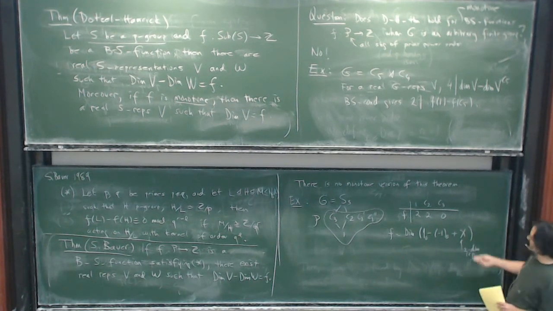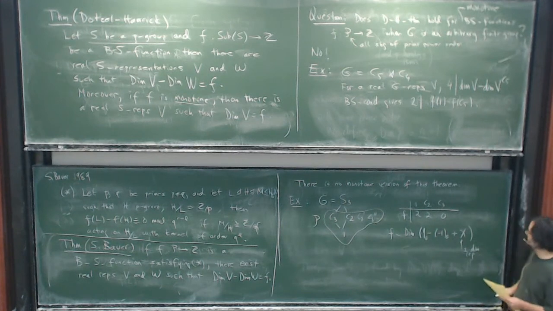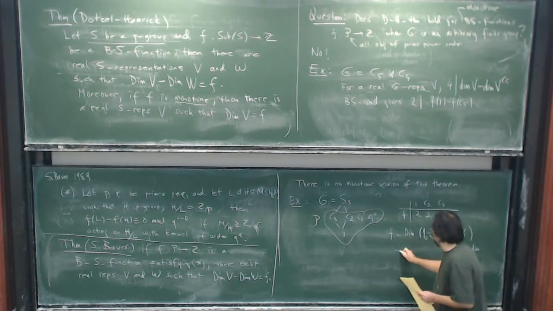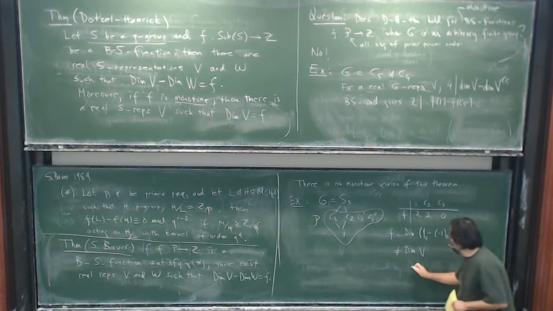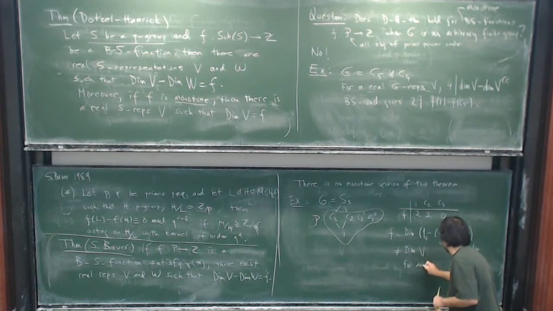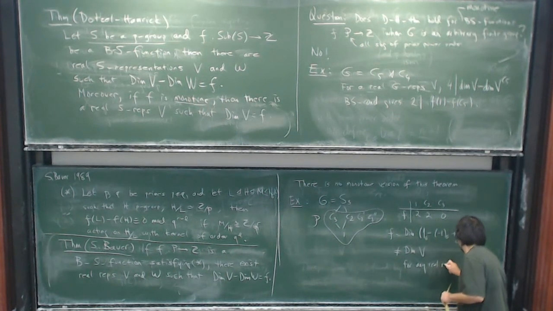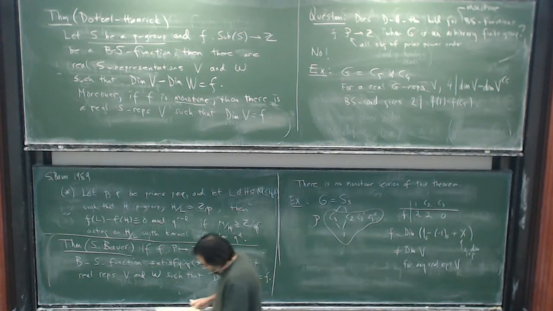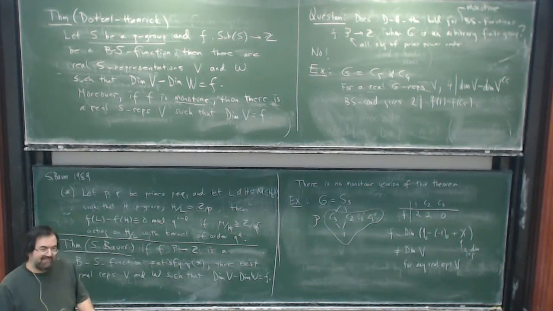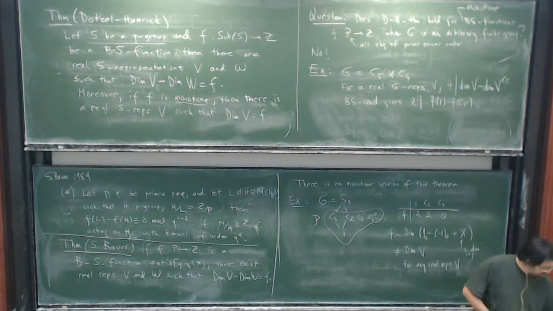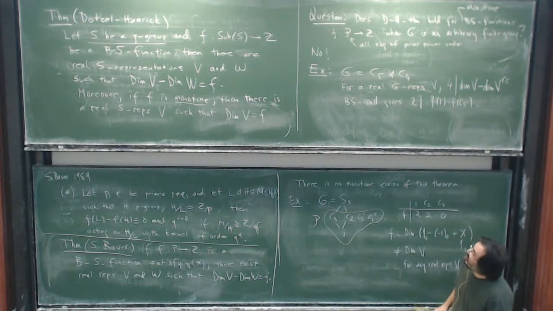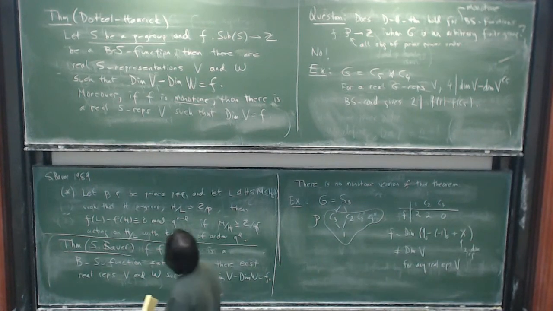So this is realized by a virtual representation, but there is no actual representation that realizes this. So this is a very simple example, but it really saved a lot of agony for us. We understood immediately that one has to do some other things if you want to.